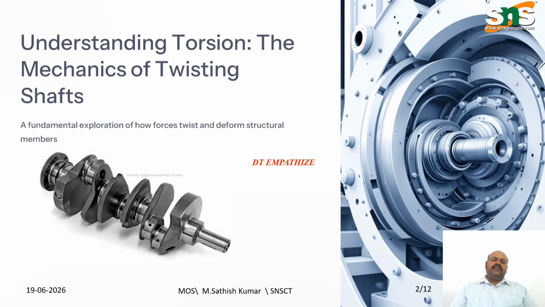So the torque that is produced, or the couple, the force acting in equal and opposite direction, tends the shaft to twist in the clockwise or anti-clockwise direction, creating a circular motion. So the reciprocating motion in the connecting rod is converted into circular motion to feed the wheel, that is, the engine power is transmitted to the wheels of the automobile. So this is how we have to understand this torsion.